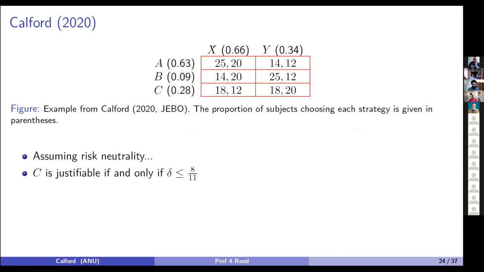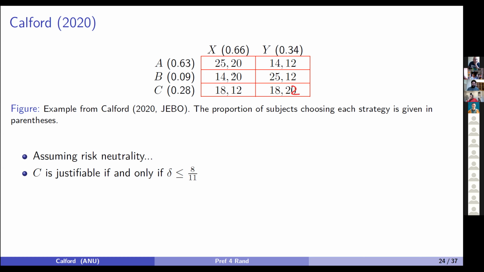If I think my opponent's going to play X, I can play A. If I think my opponent's going to play Y, I can play B, or I can take a safe option and just take 18 for sure if I don't want to take on that bet. The column player is essentially trying to place a bet too. I just realized there's a typo here. That's actually a 22. It's not going to make any difference to what I'm going to say here.